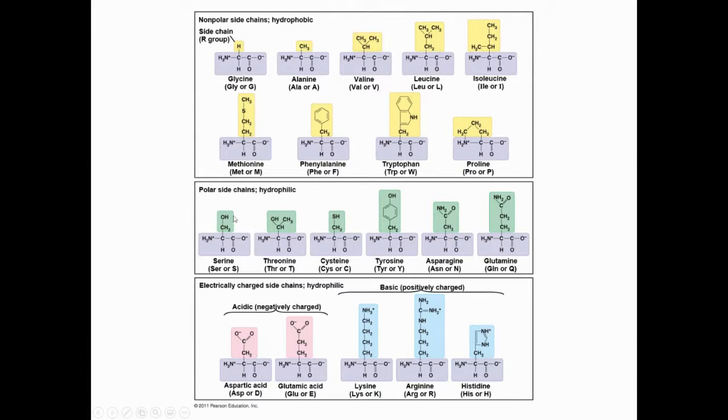In the side chain, you can see the hydroxyl group. And in the cysteine here, we have the SH group instead of the hydroxyl. This is called a thiol, and this one can form a disulfide bond with another cysteine, which is one of the important interactions to stabilize the protein tertiary structure.